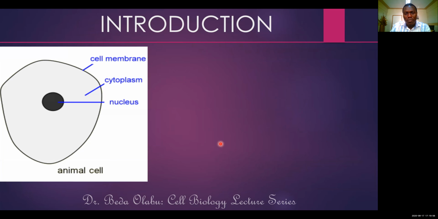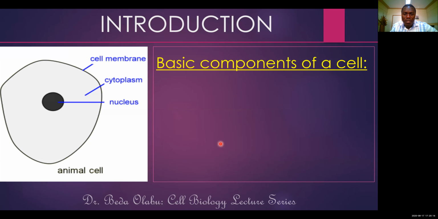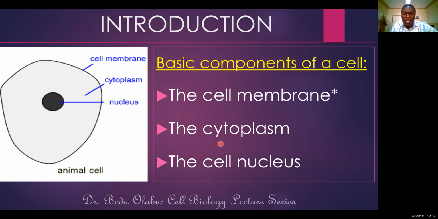So let's begin by agreeing on what we had agreed before, for those who weren't in the lecture last week when we started on cytology. We said that the cell consists of three components: the cell membrane, the cytoplasm, and the nucleus. In our previous lecture, we talked about the cytoplasm as having cytosol, cytoskeleton, and cellular organelles.